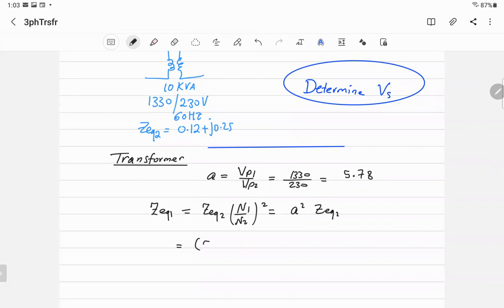That's 5.78 squared, and Z equivalent is given here, 0.12 plus j0.25, and I get Z equivalent, which is equal to 4.01 plus j8.36 ohm. That's on the other side. Great.